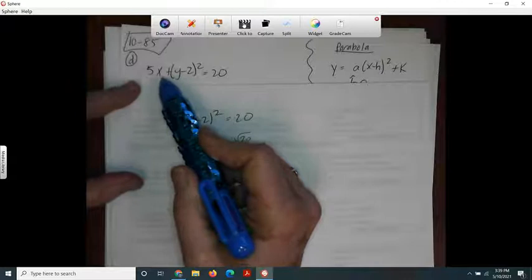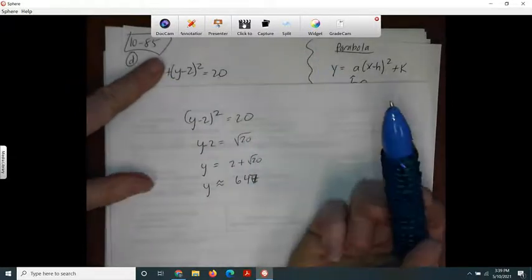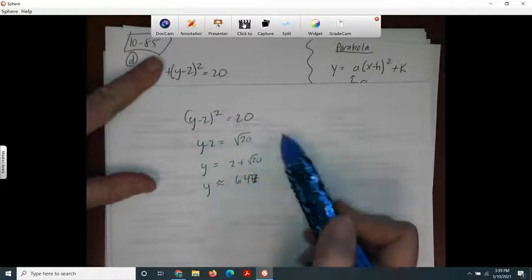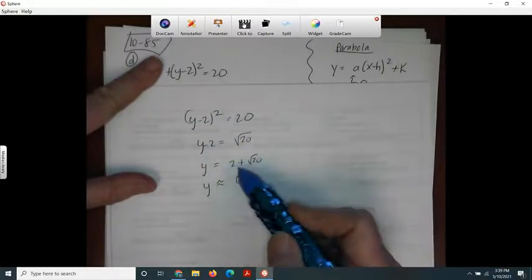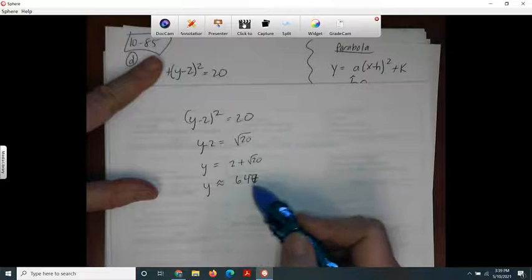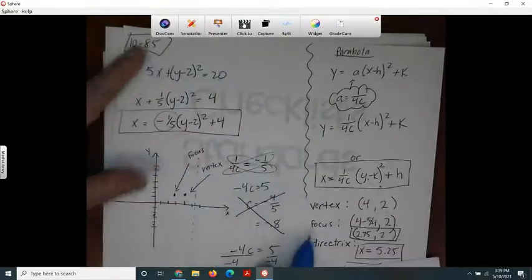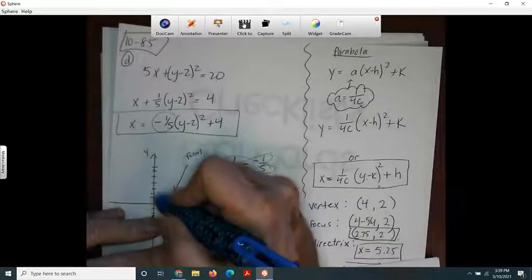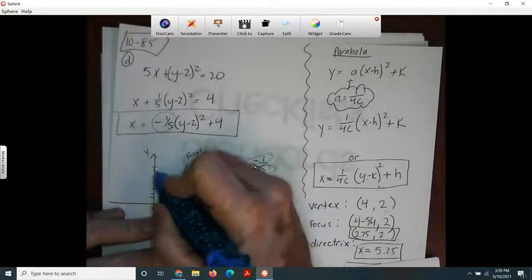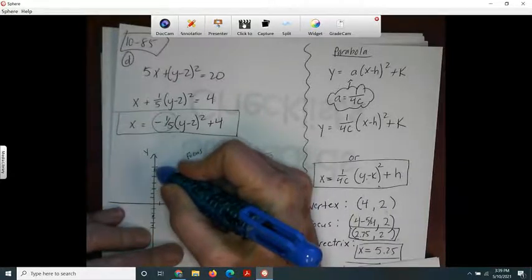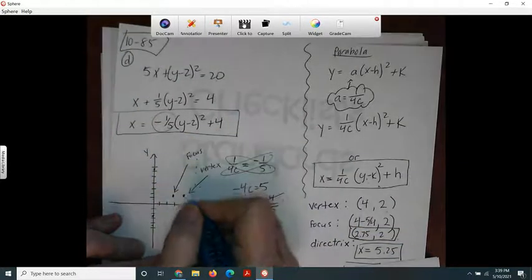So if I plug a 0 in here, that whole thing goes away, and then I just have y minus 2 squared equals 20, then I square root both sides, then I add 2 to both sides, and then I just put that in the calculator, and it was 6.47. So I counted 1, 2, 3, 4, 5, 6, and, well, that's 0.47. And then I know it's going to go like this.